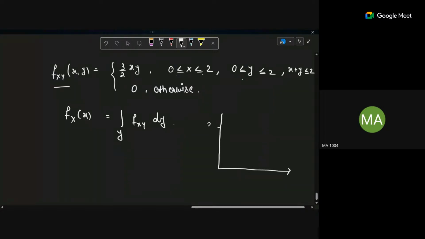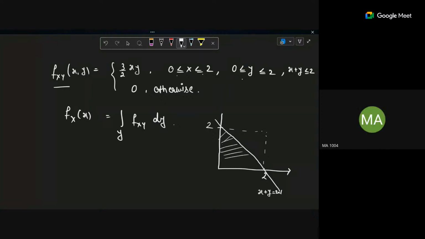Let's say this is 2, this is again 2. x plus y equal to 2 passes through x is 2 and y is 2 as the axis intercepts. Less than or equal to, that means which part? Below the line, yes, this one.